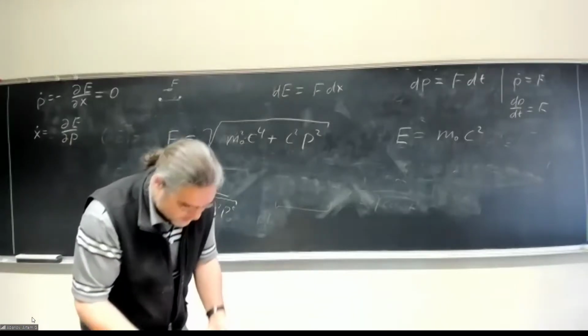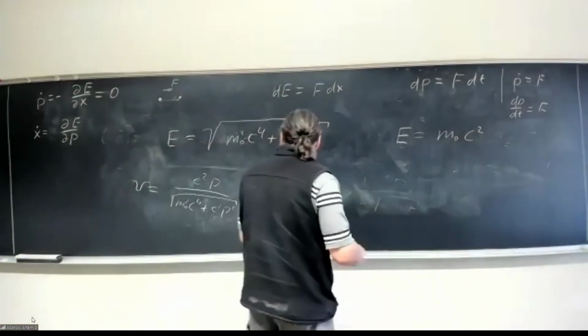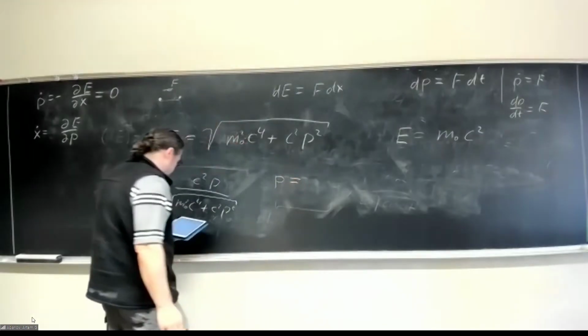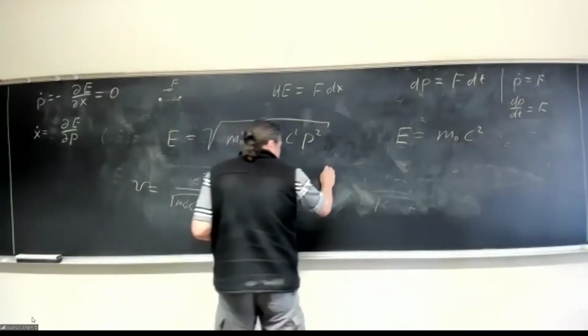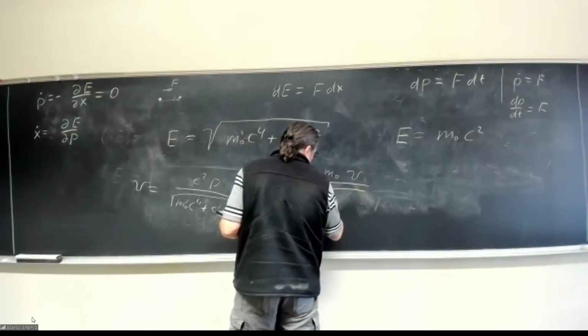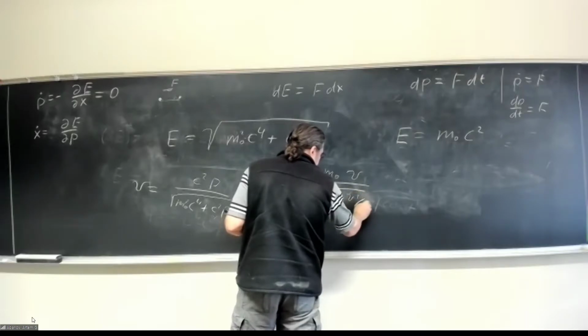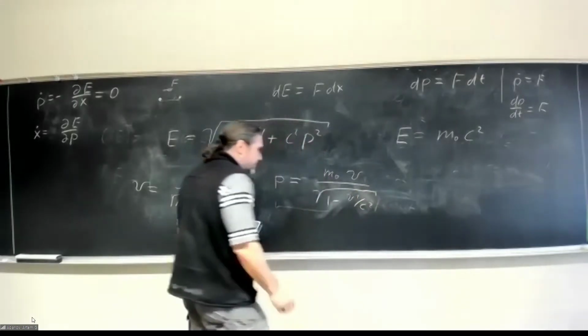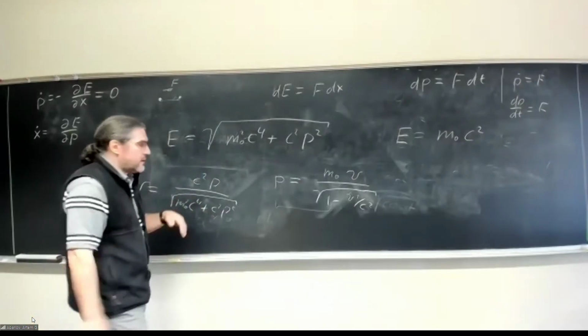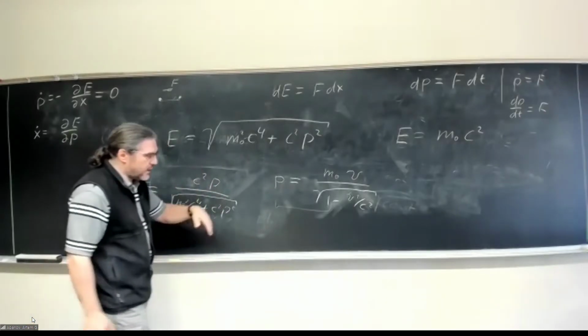I'm not going to perform that simple calculation; you can do it on your own. So momentum equals m naught v divided by the square root of 1 minus v squared divided by c squared. All right. And again, that's just a solution with respect to p.